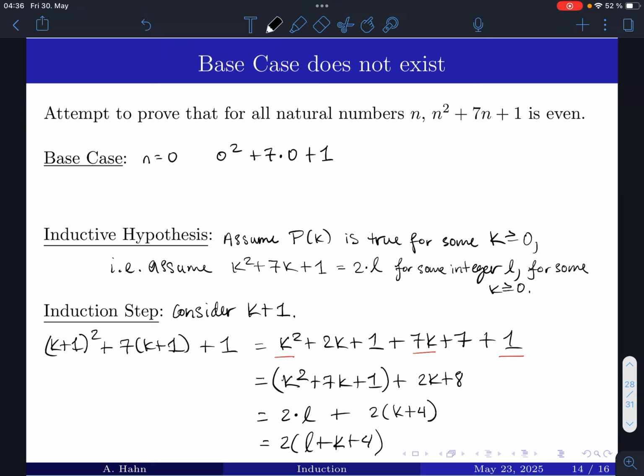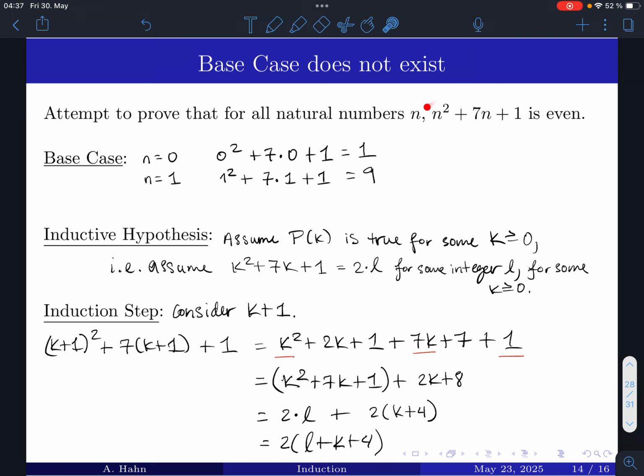For n equal to 0, 0 squared plus 7 times 0 plus 1 is 1, which is not even. And if n is equal to 1, that's 1 squared plus 7 times 1 plus 1. So that's 7 plus 2, which is 9, which is also not even.